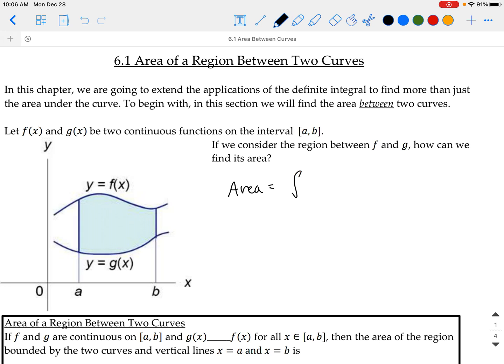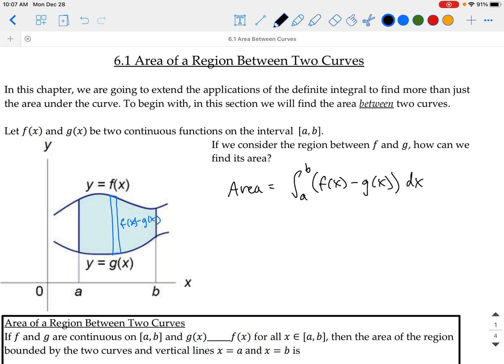So we'll note that the integral from a to b of f of x minus g of x dx would be our integral, since that represents the rectangles that would be formed between them, or the slivers or shapes that we could fit between them. And so that is going to give us the area between the two curves.